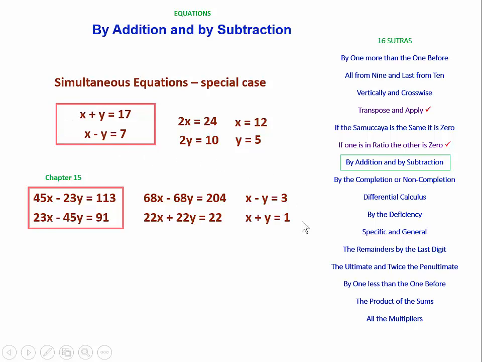If we add we get 2x is 4, so x is 2, and then y is minus 1. So that's saving a huge amount of work, because if you imagine solving these by the usual method, it would be a lot of tedious work. But that particular pattern, the special case, means we can apply the sutra and get the answer very easily.